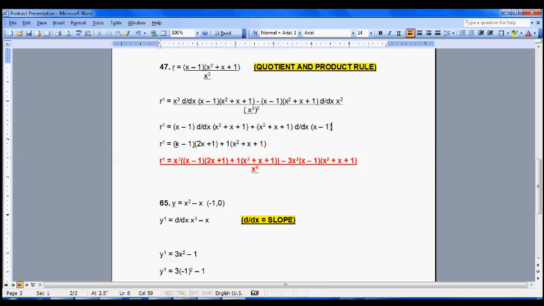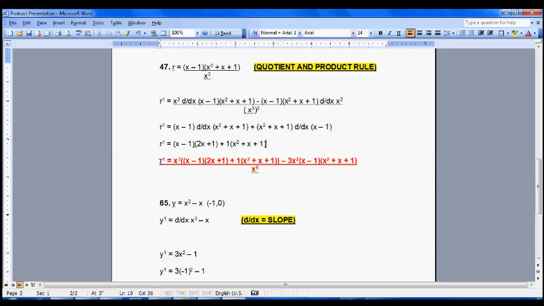And what you would end up getting is x minus 1 times 2x plus 1. And since the derivative of x minus 1 is 1, it would end up being x minus 1 times 2x plus 1 plus 1 times x squared plus x plus 1.